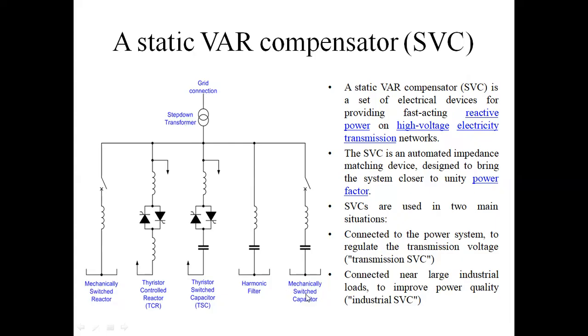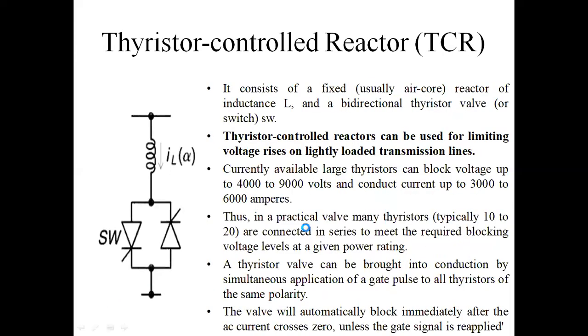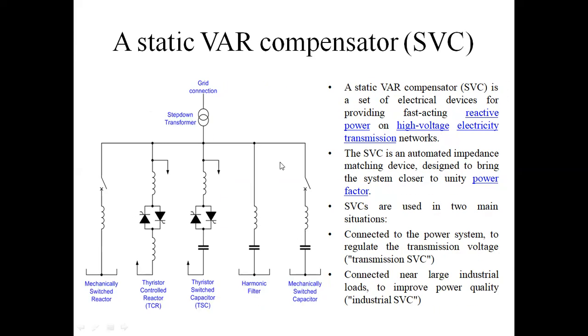Next, this is the mechanically switched capacitor, which has one switch. Here is the reactor, and this is also a capacitor. This one is the mechanical switch. This is the SVC, static VAR compensator.